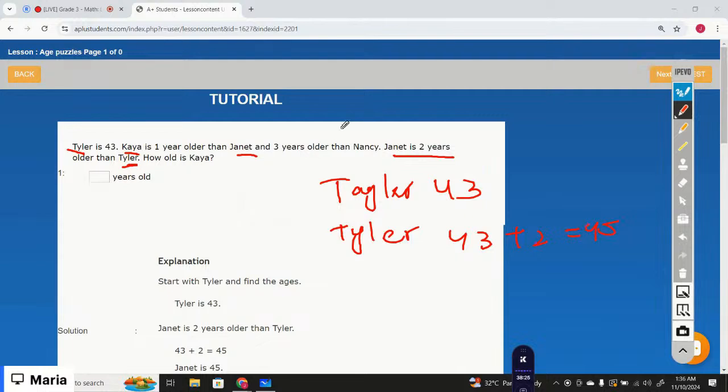How old is Kaya? Now, Kaya is 1 year older than Janet. So that means Kaya is 45 plus 1, that is 46.